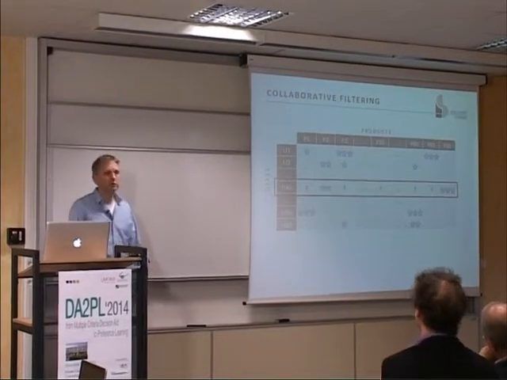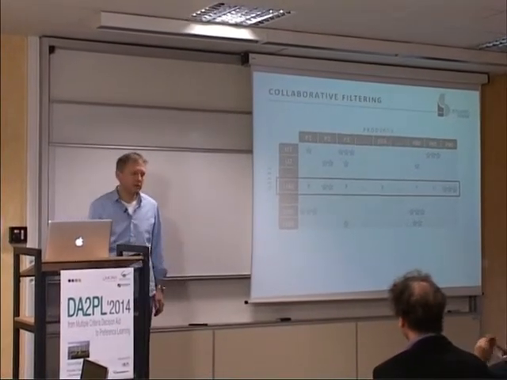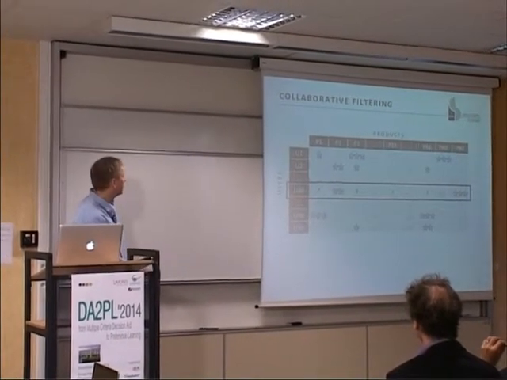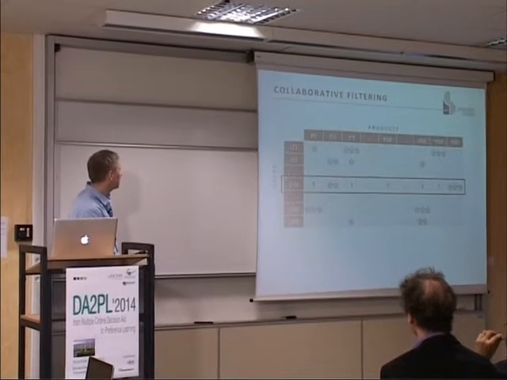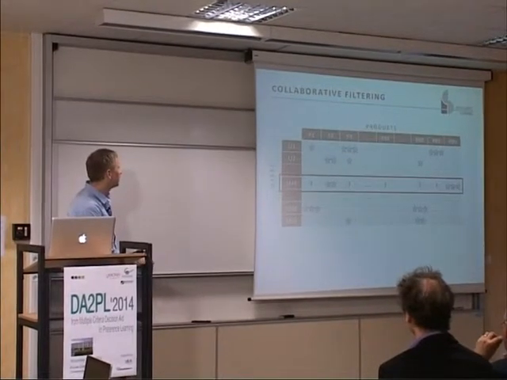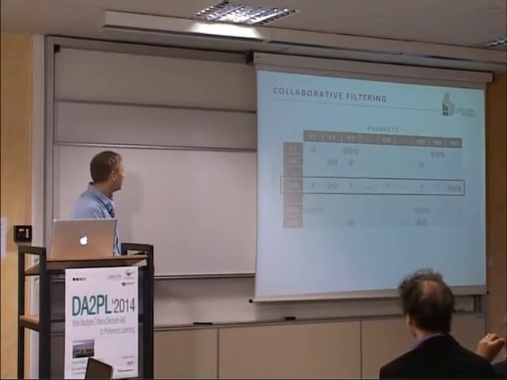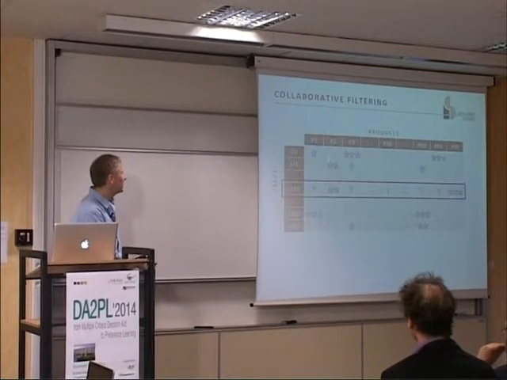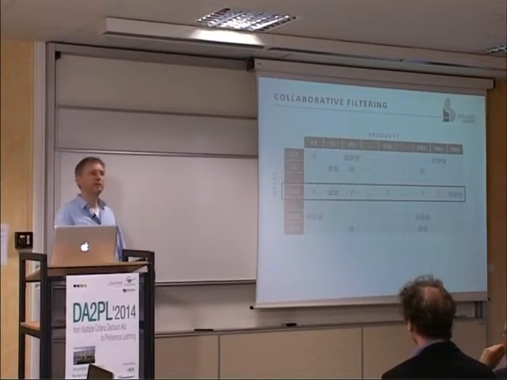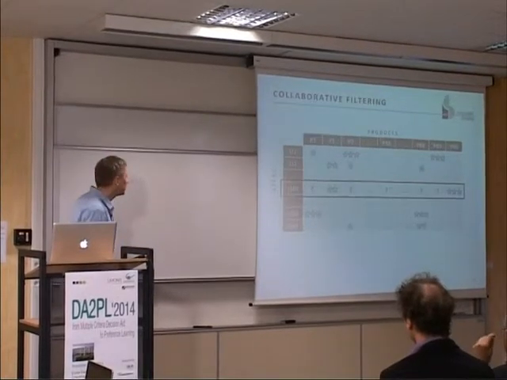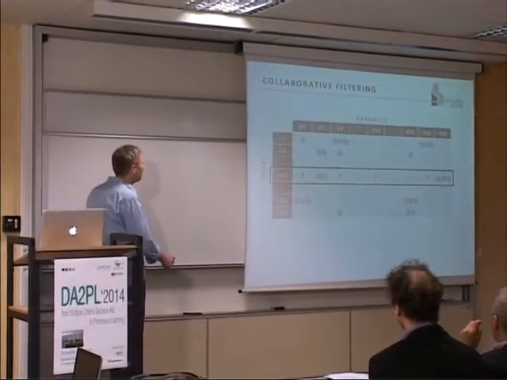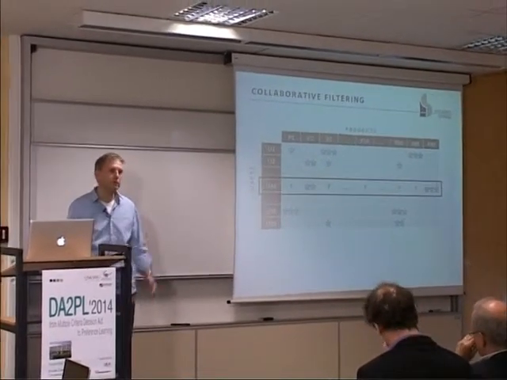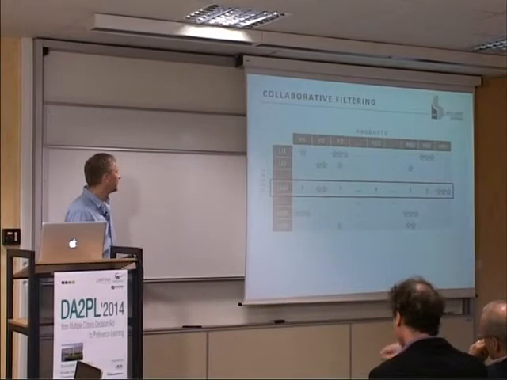Another problem you're probably all well aware of is called collaborative filtering. Here you start with a kind of user-product matrix where every row corresponds to a user, and every column corresponds to a product, for example, books sold by Amazon. This matrix is partly filled with ratings, for example, on a scale of one to a certain number of stars.